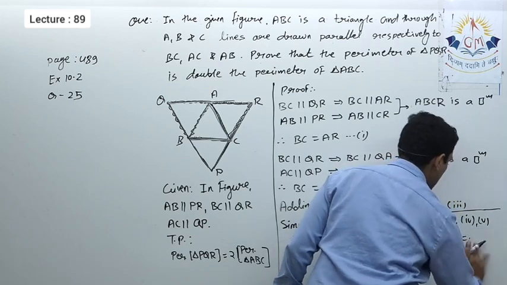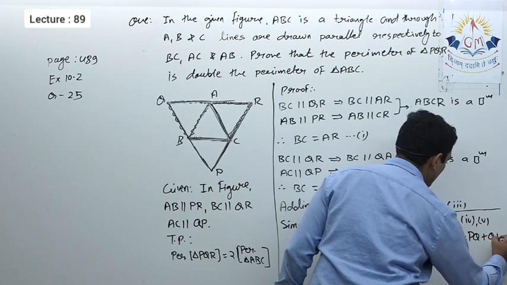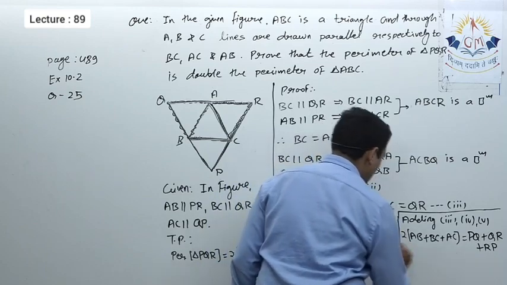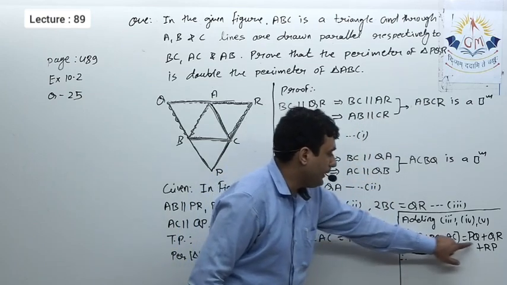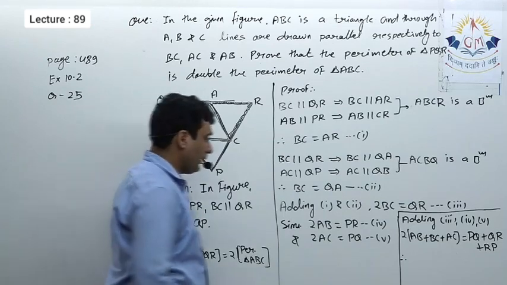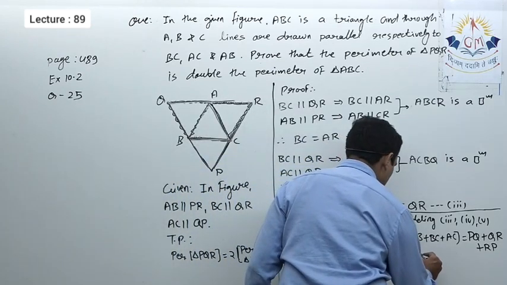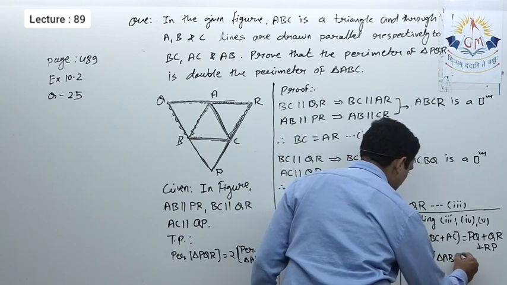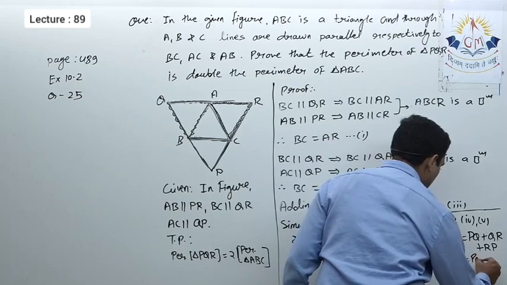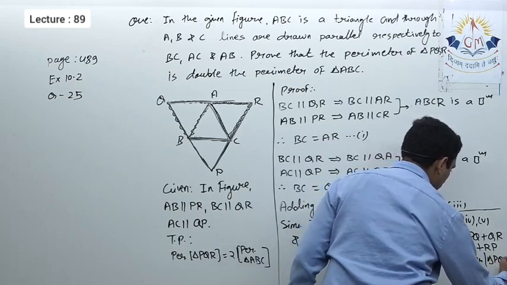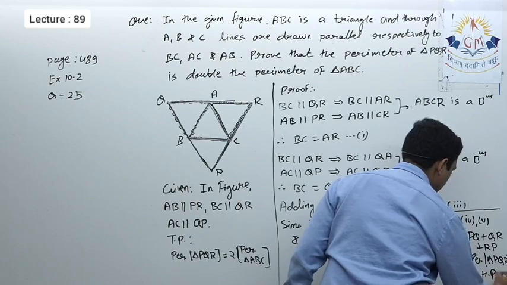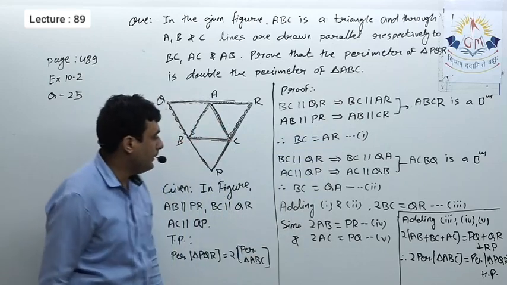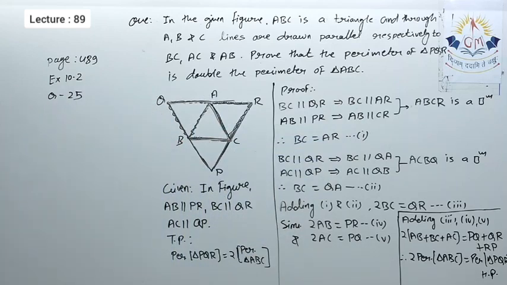Hence I can say twice the perimeter of ABC is equal to the perimeter of PQR. Therefore, twice the perimeter of triangle ABC is equal to the perimeter of triangle PQR. Hence proved. Here I didn't write the reasons, otherwise this is the complete solution. So please note it down, then we'll see the next question.